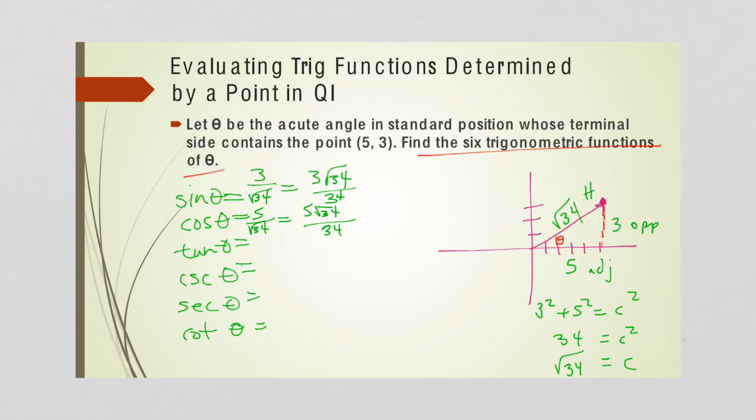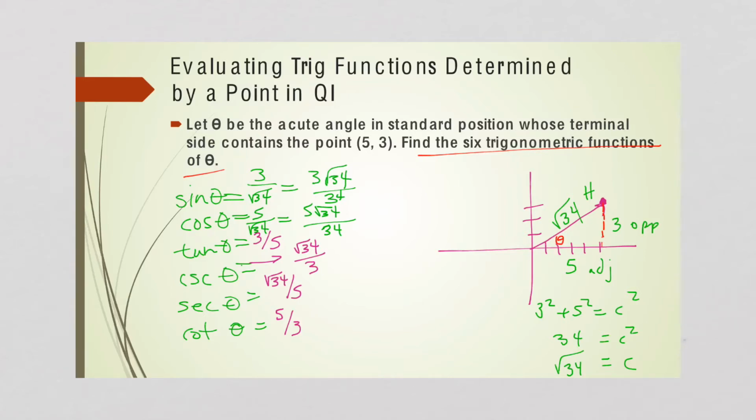Tan is opposite over adjacent, so 3 over 5, which makes cotan 5 over 3. If I do my reciprocals, secant is the square root of 34 over 5, and cosecant is the square root of 34 over 3. And there's my 6 trig functions.